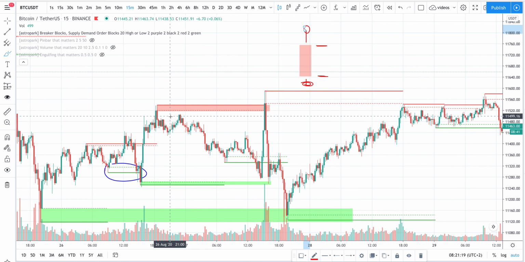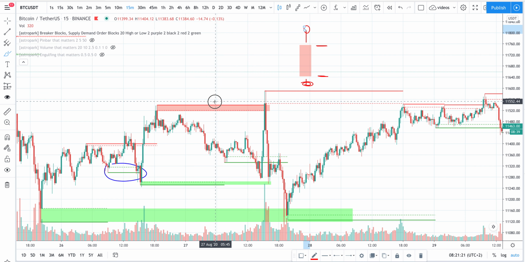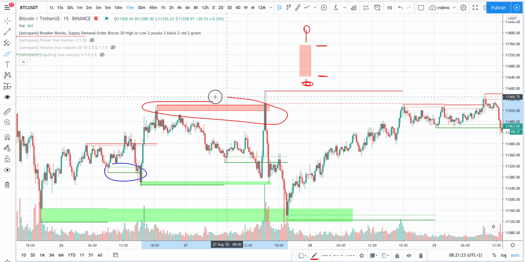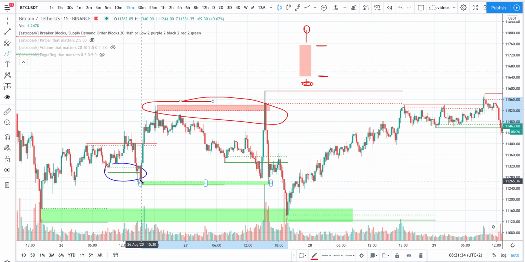So when we check the supply zone, the high and the open price are highlighted like this. On the demand zone, instead, you have the close of the red candle and the low.